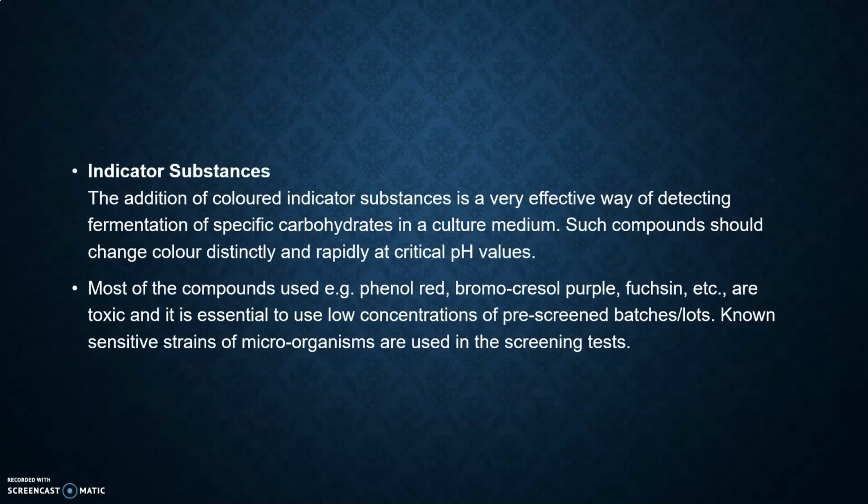Next is the indicator substances in the culture media. The addition of colored indicator substances is a very effective way of detecting fermentation of specific carbohydrates in a culture medium, and such compounds change the color of the medium distinctly and rapidly at critical pH values.